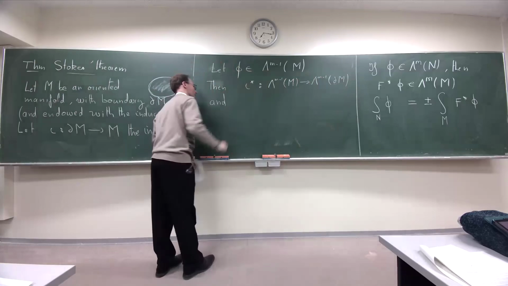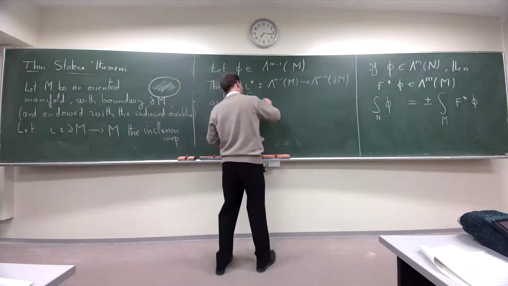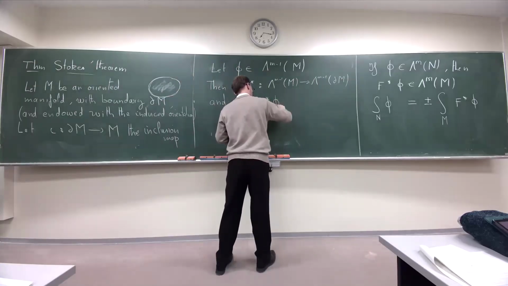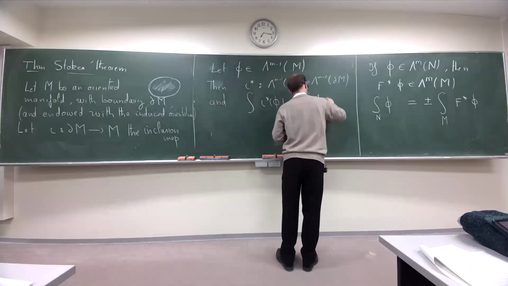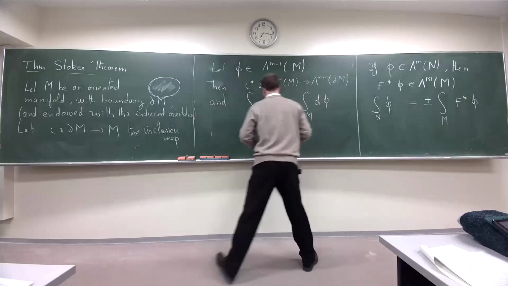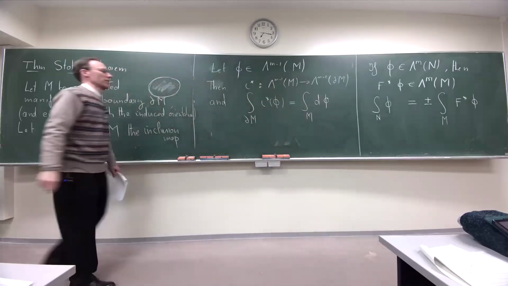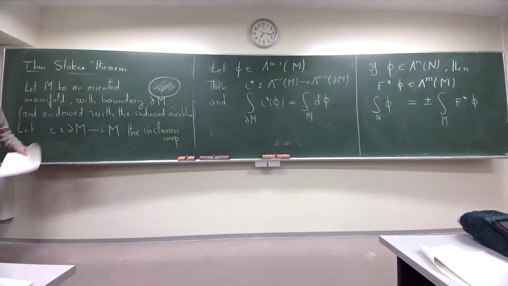And what is Stokes' theorem? Stokes' theorem is that the integral of iota star of phi is equal to the integral over M of the exterior derivative of phi. So please check first that it is meaningful. No, you wait. You first check that it is meaningful.